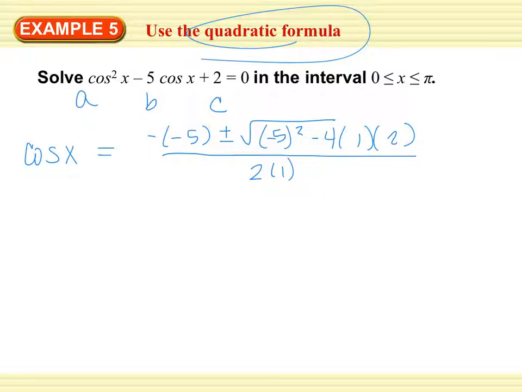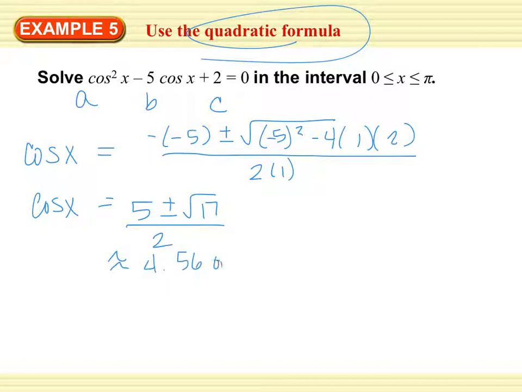Okay, do the math here. I get cosine x equals 5 plus or minus the square root of 17 over 2. So that is about 4.56 or 0.44. So use your calculator and take the inverse.